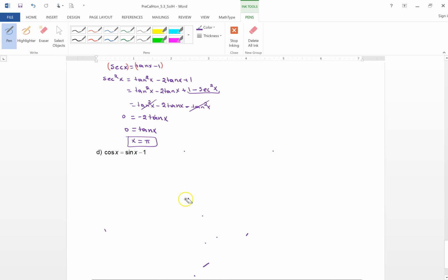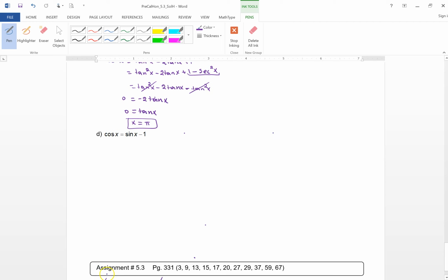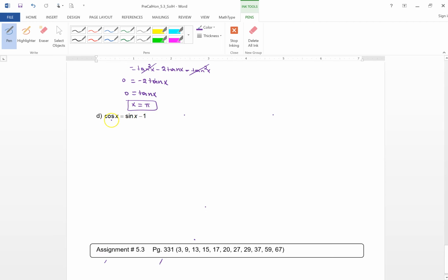Okay, last problem. We're going to do the same thing. This time I'm going to bring this sine over to this side because I want cosine squared and a positive sine squared x. So I have cosine x minus sine x equals negative 1. I square both sides and I get cosine squared x minus 2 cosine x sine x plus sine squared x equals 1.